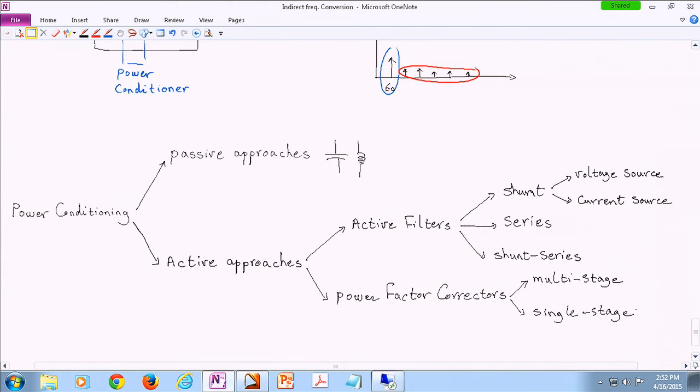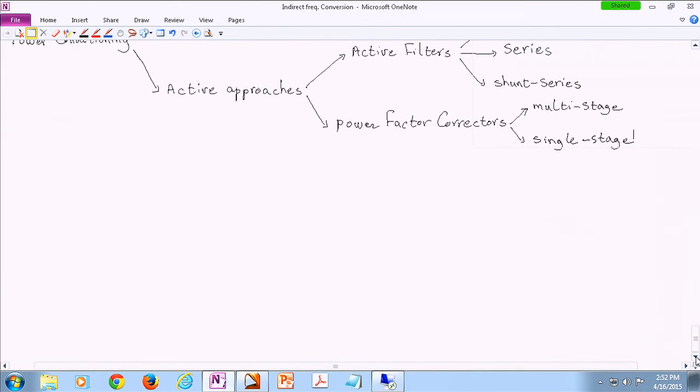So in case you're curious, what is a shunt active filter? Let's talk about it. By the way, these active filters are different than the electronics active filters. In an electronic circuit, when you say an active filter, that means you're using operational amplifiers. Here, that means you're using a power electronic converter.